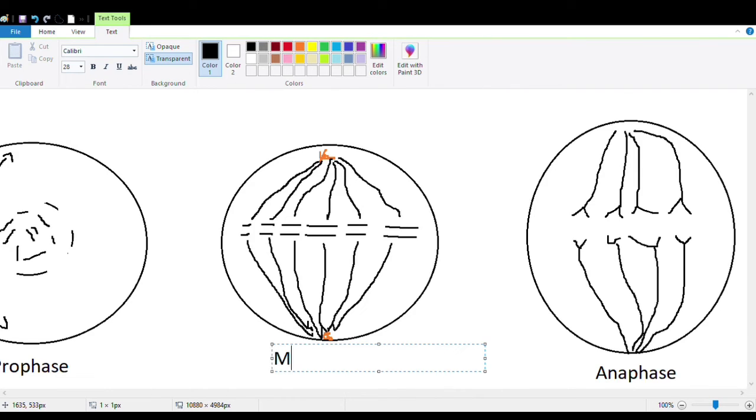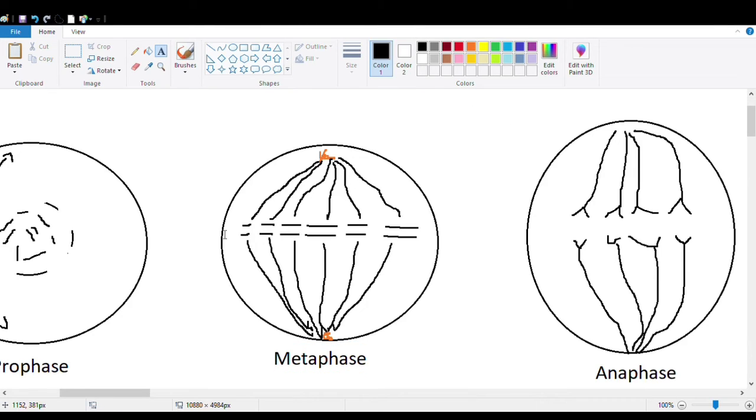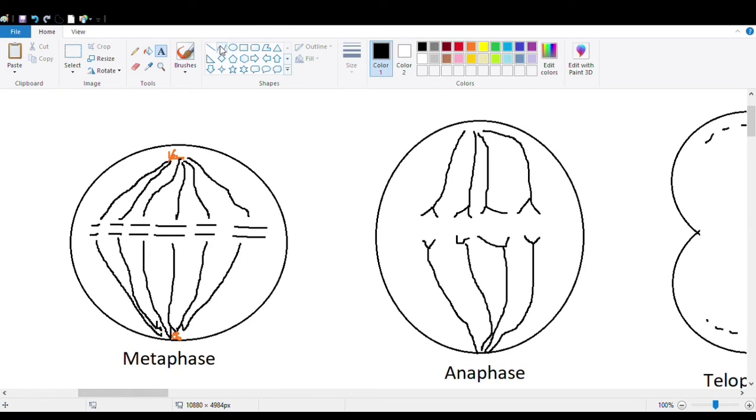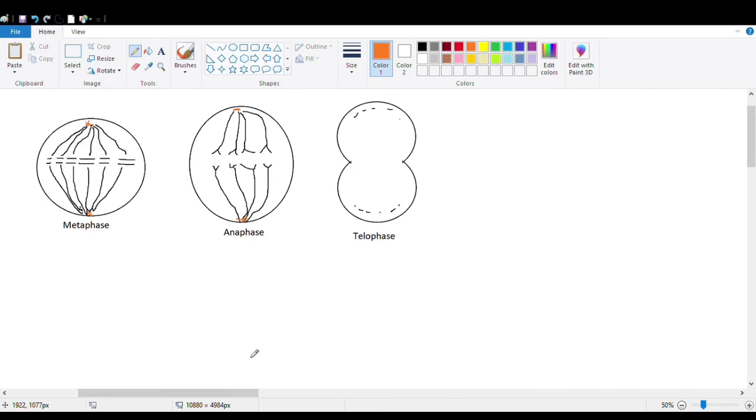Just mark this here. So this is our step of metaphase. Some may call this the metaphase plate. We got our two poles here, and because I put these here, I might as well put them in anaphase as well. I'll just make it orange. I'm not an artist here.